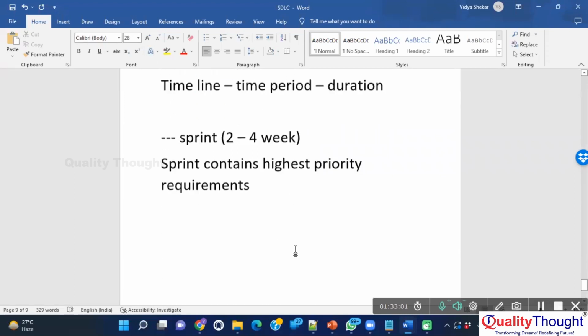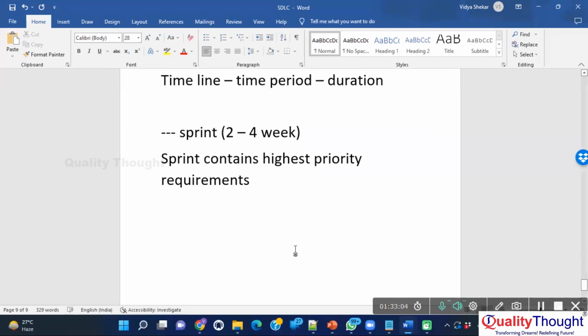There is one more term called Scrum Master. He's like a project manager. The project manager in the waterfall model has been turned into the Scrum Master here. He is responsible for managing the Scrum or the sprint.